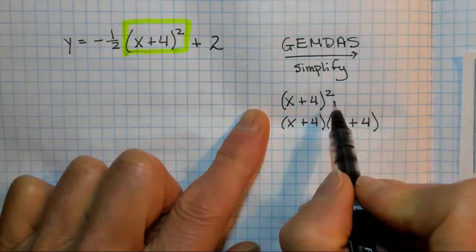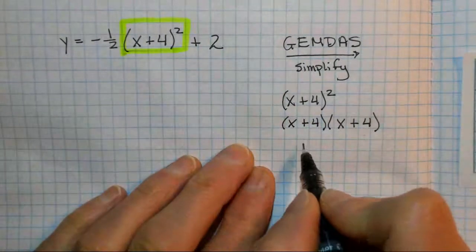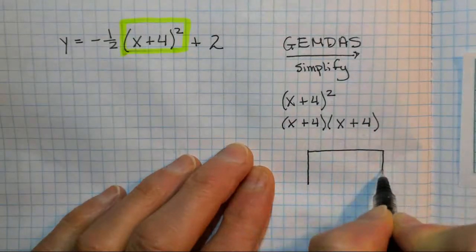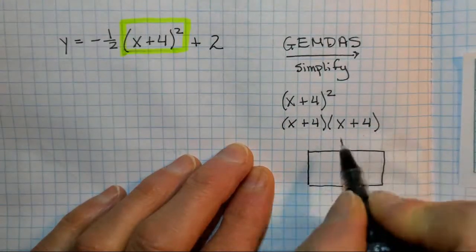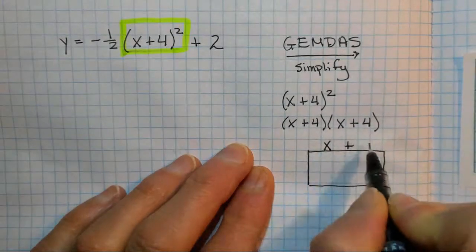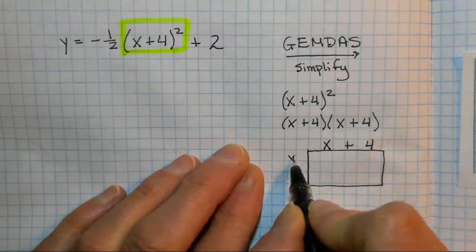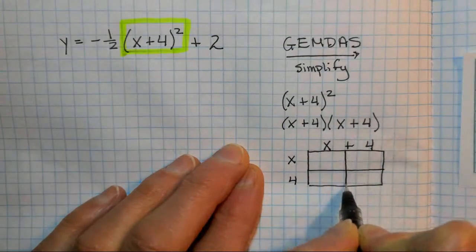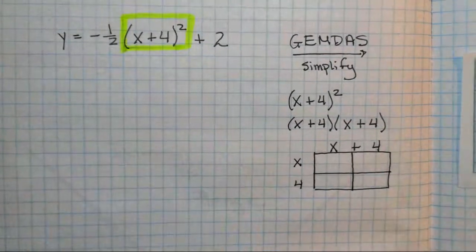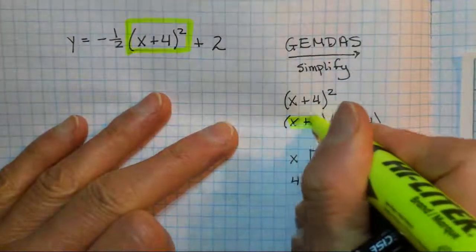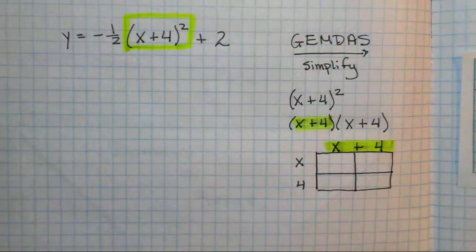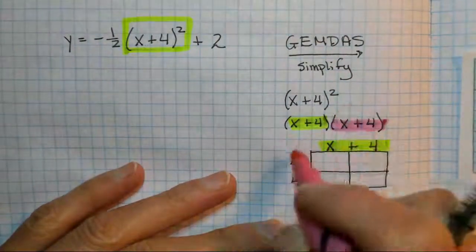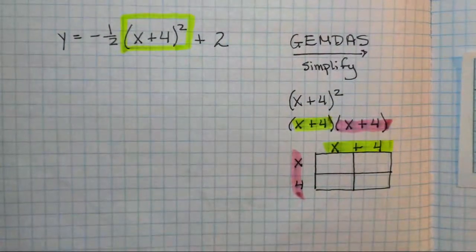So if I think of squaring as finding the area, that means I have a box or a rectangle, and this side is x plus 4, and this side is x plus 4. And I want to point out, because these numbers are the same, it might be a little confusing, that x plus 4 is what I put there, and this x plus 4 is what I put there.